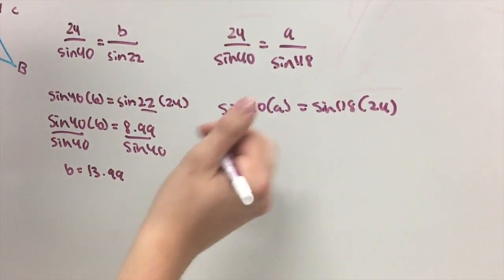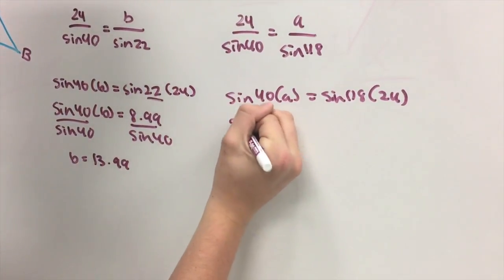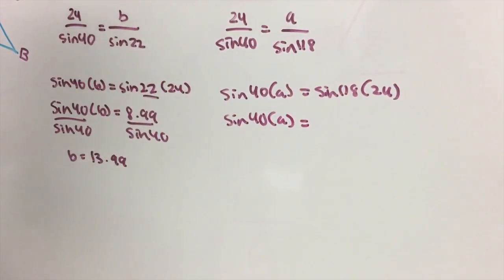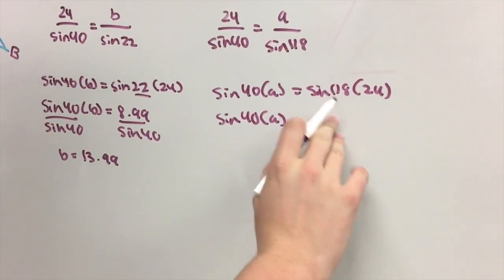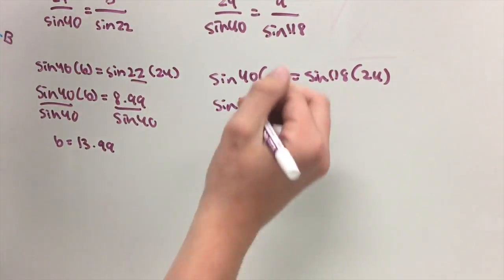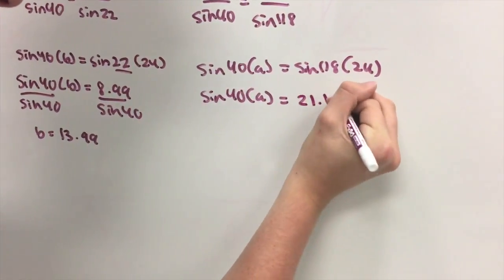Now we want to multiply these together. You type into your calculator 118, then press sine, and then multiply that by 24, and you'll get around 21.19.